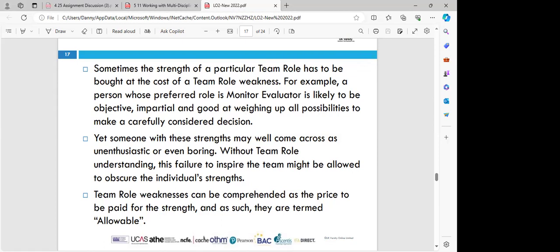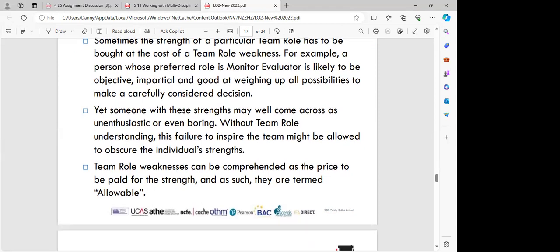Yet, someone with these strengths may well come across as unenthusiastic or even boring. Without team role understanding, this failure to inspire the team might be allowed to obscure the individual's strength. Team role weaknesses can be comprehended as the price to be paid for the strength, and as such, they are termed allowable.